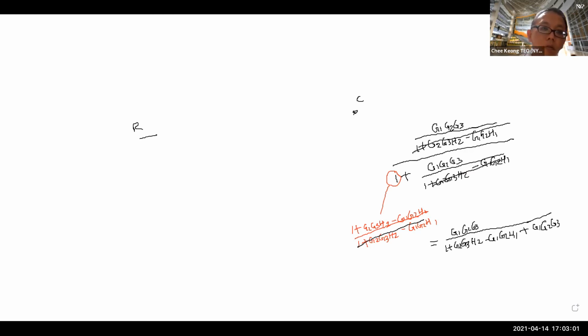Let me change it to drawing. Now you can write into your blackboard here. You can write here G1, G2, G3 over 1 plus G2, G3, H2 minus G1, G2, H1 plus G1, G2, G3.